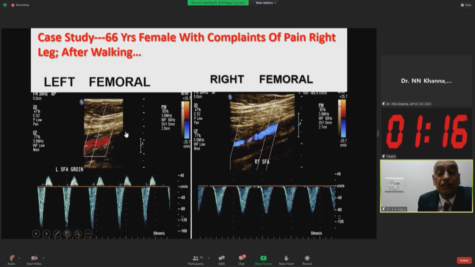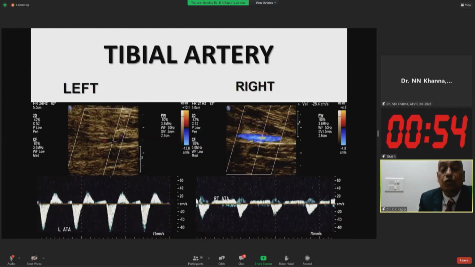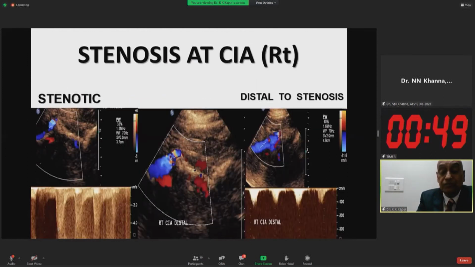You can see that there is a normal flow in the left SFA. But when you look at the right SFA, you get a monophasic damped pattern, indicating that there is some problem proximal to the artery. The right popliteal artery shows highly damped flow, while the left popliteal artery is normal. When you look at the anterior tibial artery, you get the same findings.